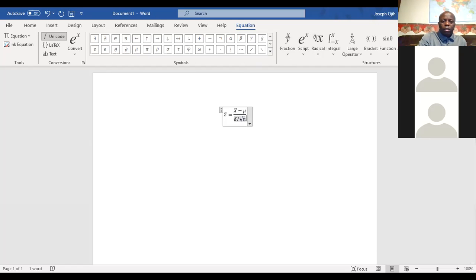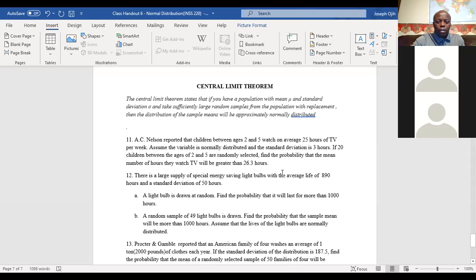So now, instead of x minus the mean over the standard deviation, we have the sample mean and the population standard deviation. Let me copy this and put it in the formula, and then we'll solve an example with that. So we're going to be using this formula here.